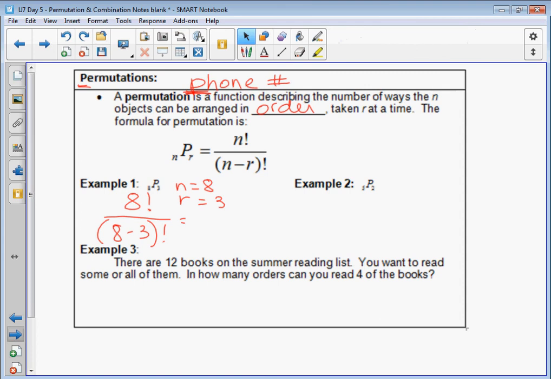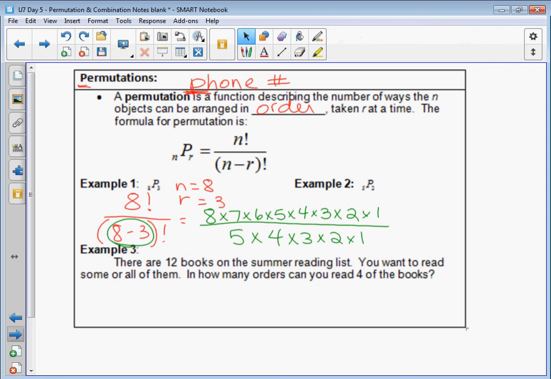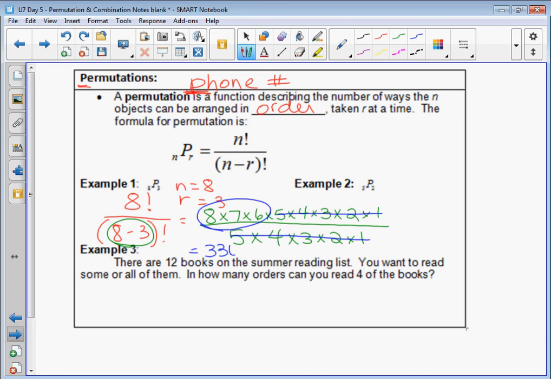That is going to be 8 times 7 times 6 times 5 times 4 times 3 times 2 times 1, and 8 minus 3 equals 5, so we're going to have 5 factorial, 5 times 4 times 3 times 2 times 1. Both in the numerator and the denominator, we have 5 times 4 times 3 times 2 times 1, so they can both cancel out, and we're left with 8 times 7 times 6. So we get 336.